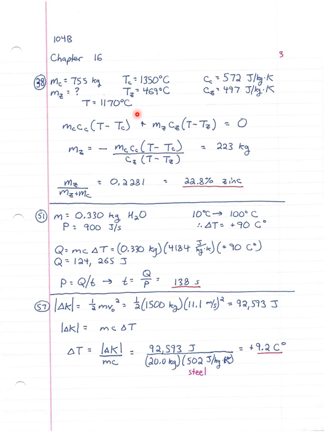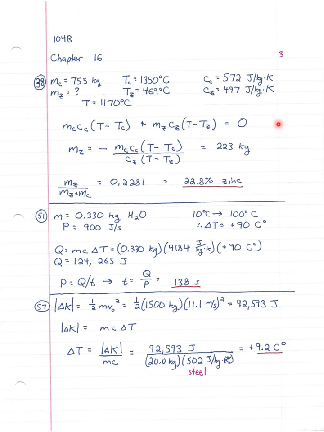So we're going to do a setup similar to the previous problem, where the Q of the copper plus the Q of the zinc is equal to 0. And I'm just going to break down Q, which is M C delta T of the copper, plus M C delta T of the zinc.